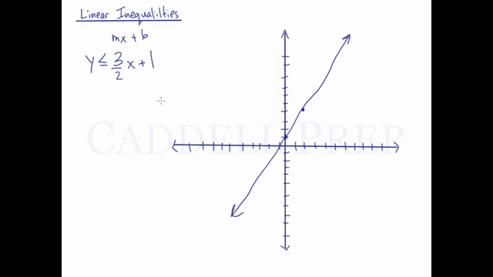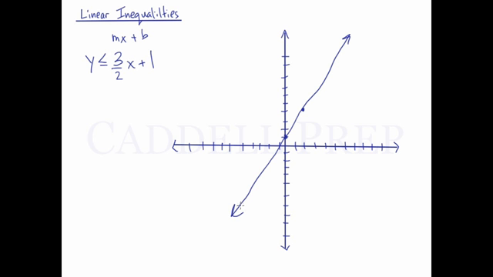Okay, but we don't just have y equals 3 halves x plus 1. It's y is less than or equal to 3 halves x plus 1. So that means that we want y values below this line, because y has to be less than this.